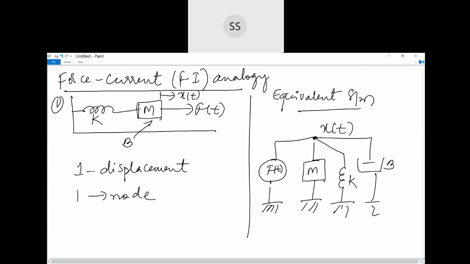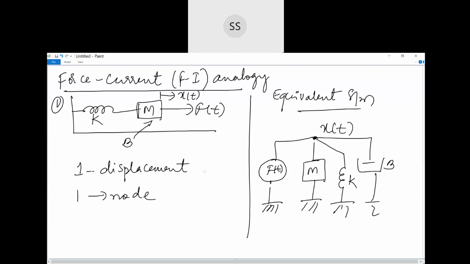The same equivalent mechanical system we even draw in case of force voltage analogous circuit also. So here the only difference will be when we start writing the equations for the particular analogous circuit, as it is a force current analogous circuit.